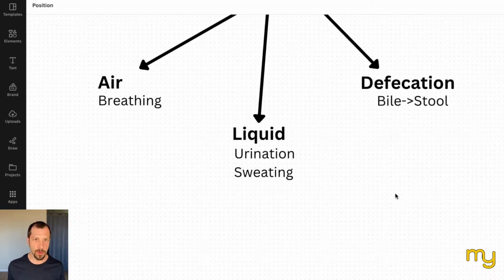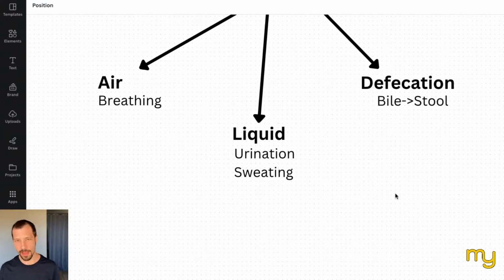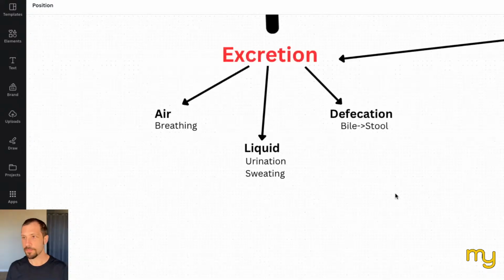A liquid form would be urinating or sweating it out or crying it out. Defecation, which is our solid form, would be getting things out either through the stool or from the liver to the gallbladder, through the bile into the stool, and then defecating that way. That's why many people take binders.